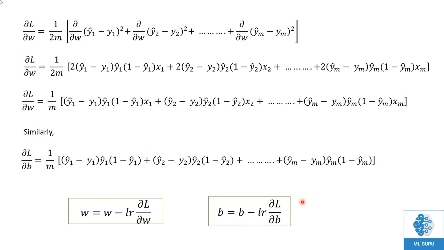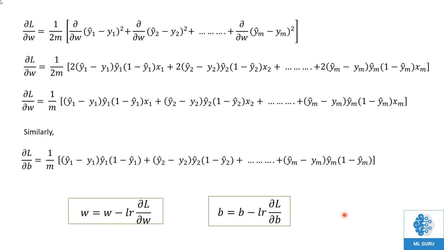Also, one thing to notice here is this term gives you a scalar value in return. Why? Because each term in this summation is a scalar value. So summation of scalars gives you a scalar value itself, and this w and b initially were scalars in itself. So we are just subtracting two scalar values and we get the updated values of w and b.